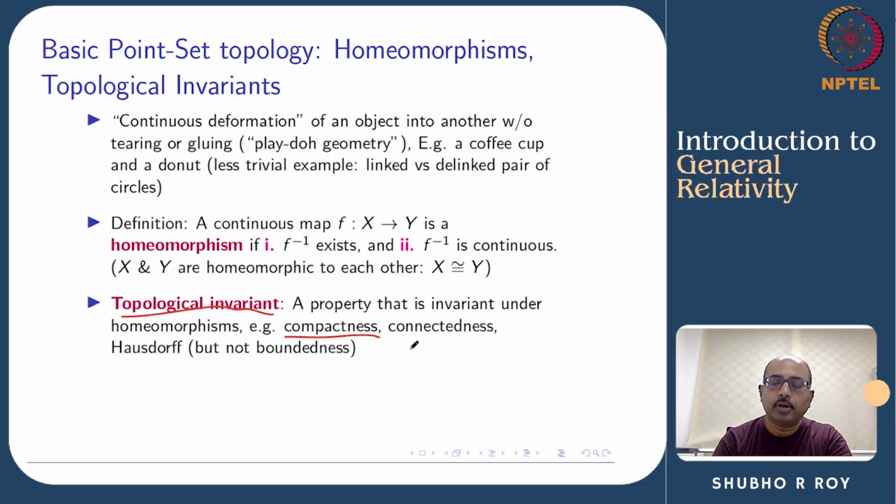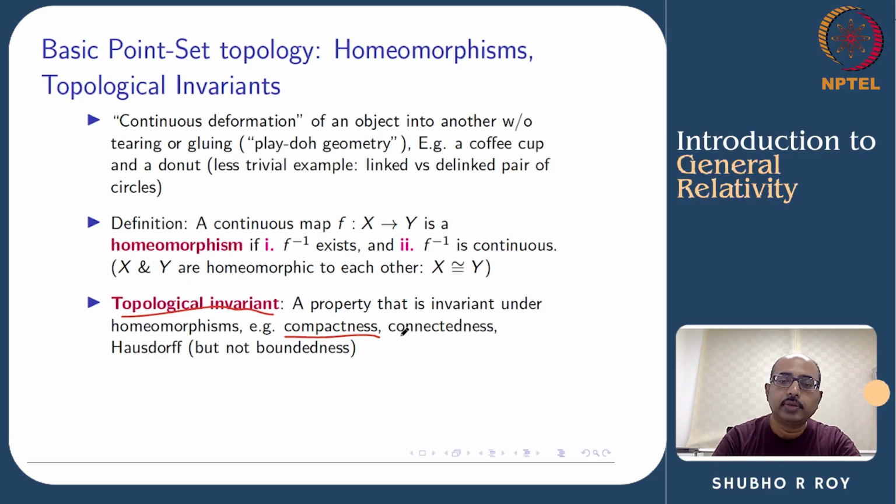Connectedness is also another topological invariant. You cannot take a disconnected space and then somehow smoothly deform it into a connected space, because going from disconnected to connected, you need to glue. You need to put them together, join them. So gluing is not a continuous deformation, so it's not a homeomorphism. So a disconnected space can never be topologically equivalent to a connected space.